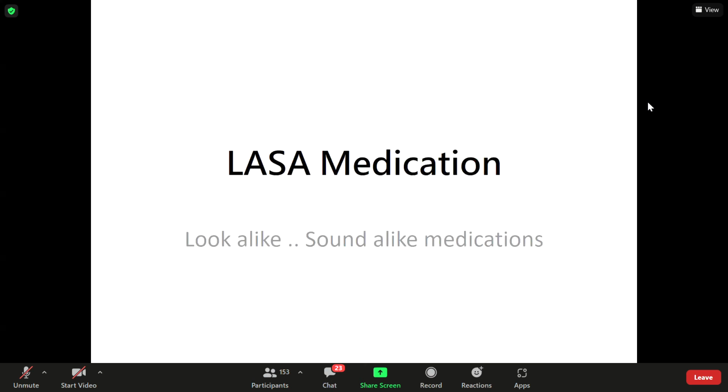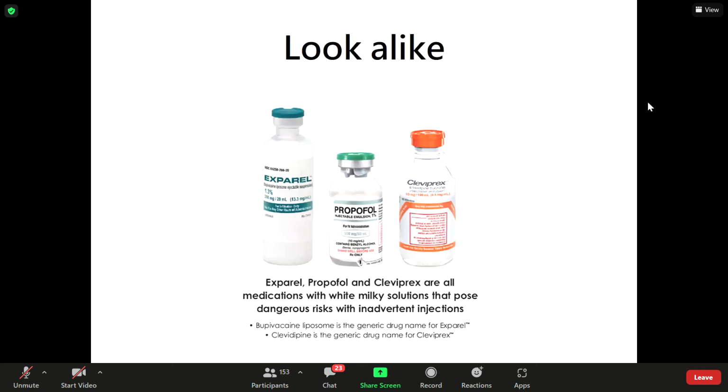Even while you are prescribing, you need to think about look-alike, sound-alike medications. They are very concerning nowadays. For example, if you look at these three vials, each one of them is different and their mechanism of action is different, but all of them are white milky solutions. Once you put them in an injection, they look the same.